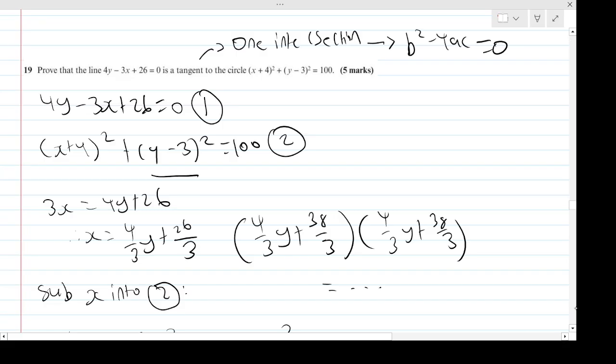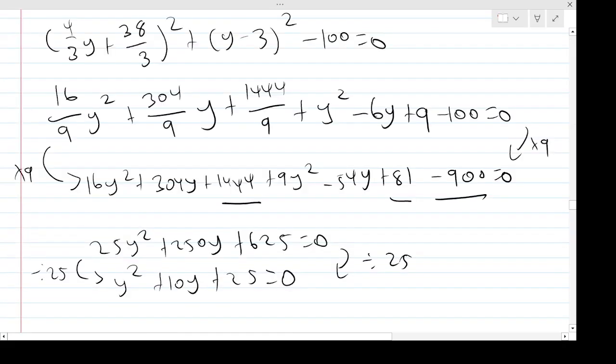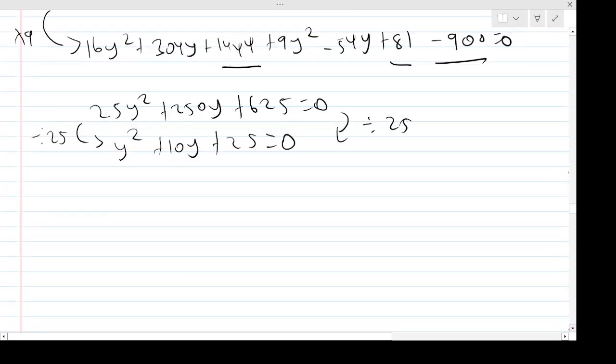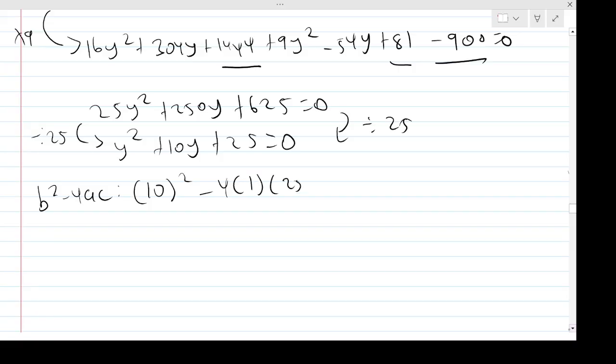Okay, so what we could then also do simply is just do the discriminant of this. Again, that should be a fairly common tactic with these type of questions. We've seen them before. So if we calculate the discriminant, hopefully we get 0. The discriminant here will be 10 all squared, take away 4 lots of a, which is 1, and c, which is 25.